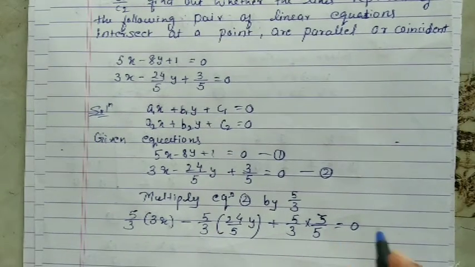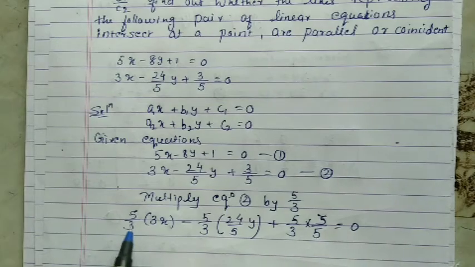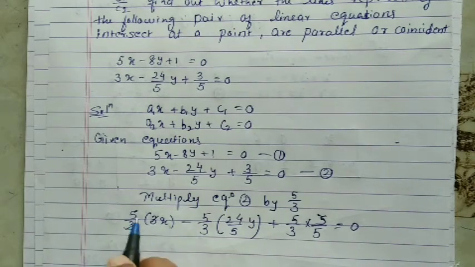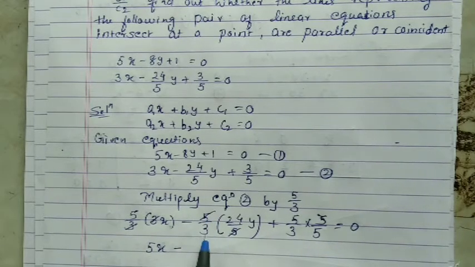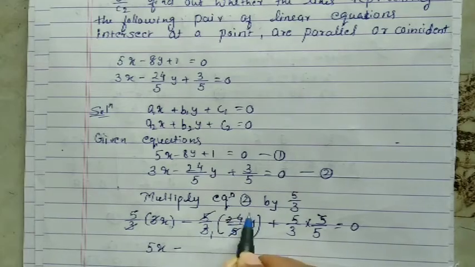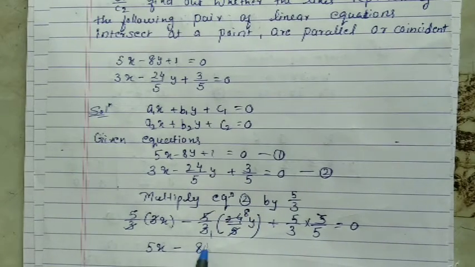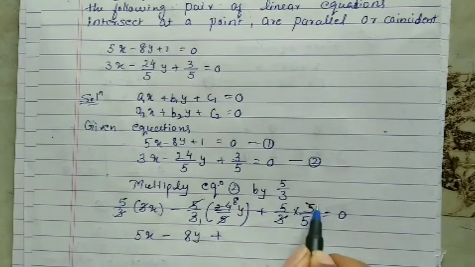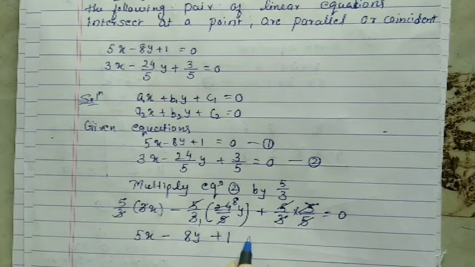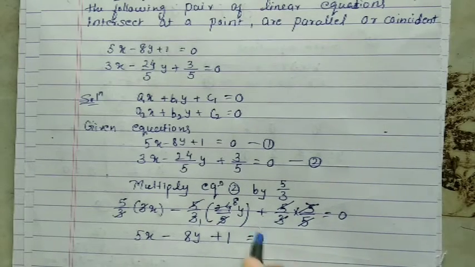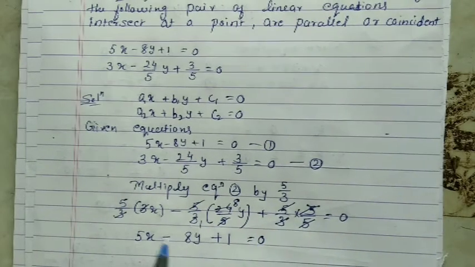Because if you multiply this value with 0 also, it will be 0 only. 3 will get cancelled with 3. So we will remain with 5x, minus, 5 will get cancelled with 5. 3 ones are 3, 3 eights are 24. So we remain with minus 8y plus, 3 will get cancelled with 3, 5 will get cancelled with 5. We will remain with 1. Don't write it as 0 because here it is in multiplication, not in subtraction.